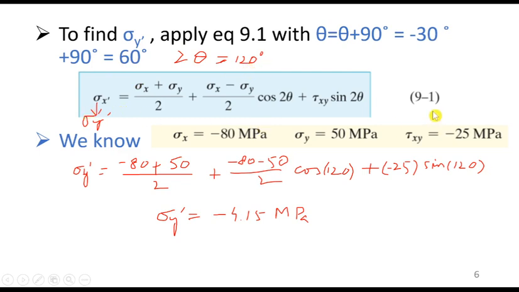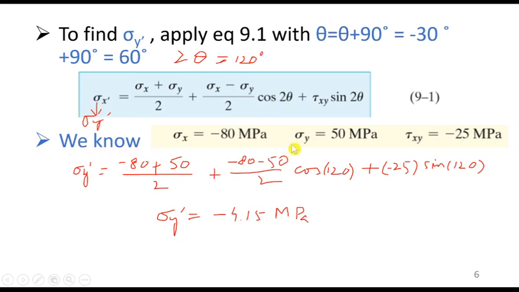Equation 9.1 is written here: sigma x prime is equal to sigma x plus sigma y by 2 plus sigma x minus sigma y by 2 into cos 2 theta plus tau xy into sin 2 theta. I am repeating, when you put theta equal to theta plus 90 in equation 9.1, this sigma x prime will be converted into sigma y prime.